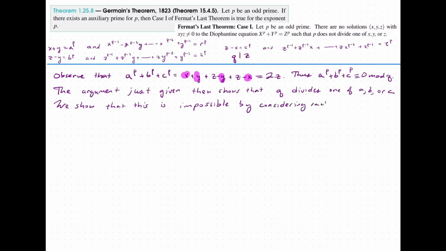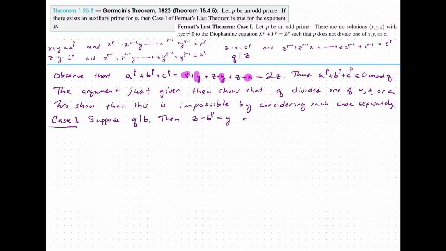So we're going to consider each case separately. So case 1, we're going to go ahead and suppose that q divides b. If q divides b, we come back to this equation here. So we have z minus y is equal to b to the p. Then z minus b to the p is equal to y.